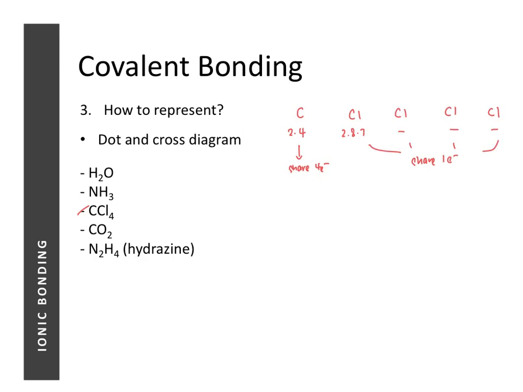How do we share such that all atoms get the required number of electrons? We put carbon, which needs to share 4, in the middle. There are 4 chlorine atoms that need to share 1 each. So carbon can share 1 with each chlorine atom.